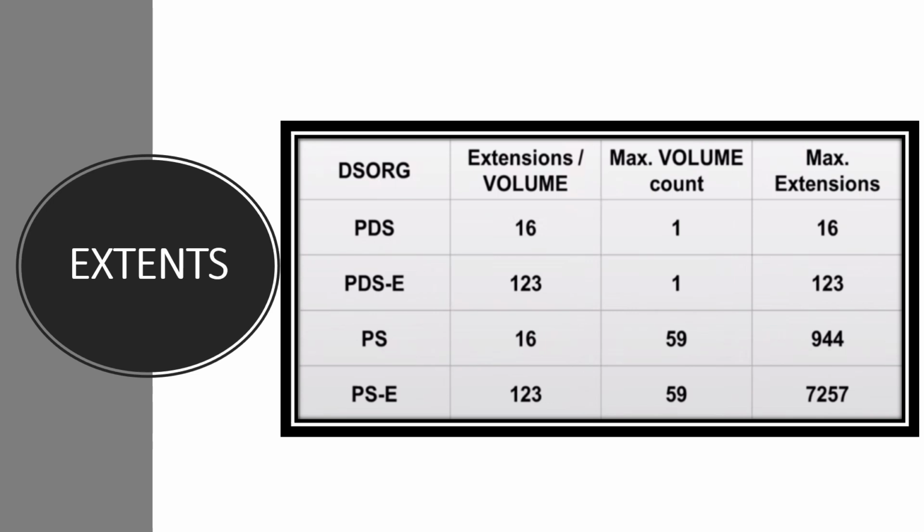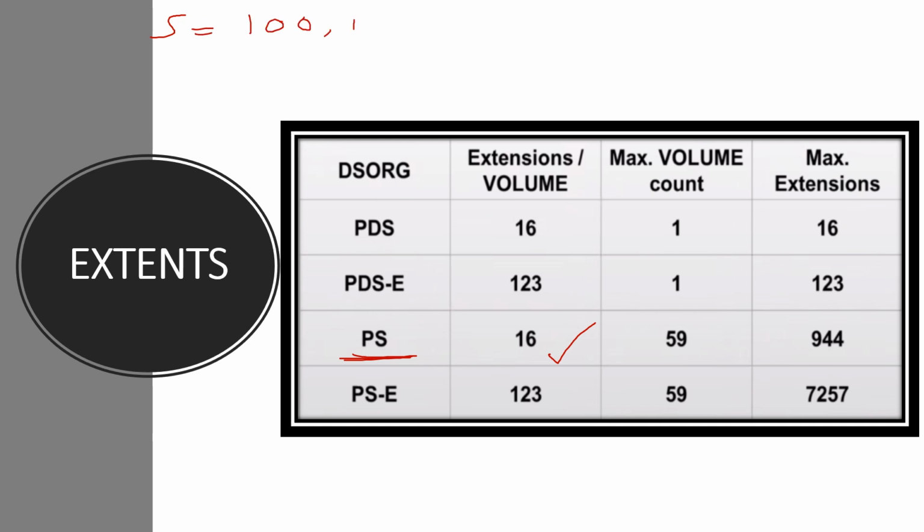How many times? Suppose you're creating a PS file. It can extend up to 16 extents in one volume. That's how it works. Let's take space equals primary 100, secondary let's take 10.